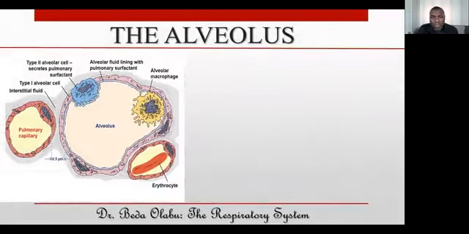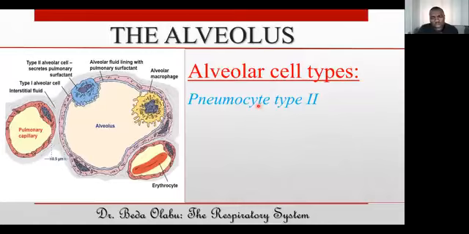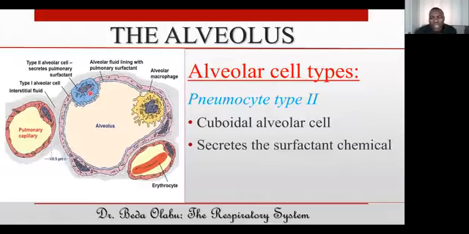The second cell type is called pneumocyte type 2. Pneumocyte type 2 are the cuboidal alveolar cells, which is this one here. These pneumocyte type 2 have two key functions. One, they secrete surfactant. So by now you know two cells that secrete surfactant, the Clara cells and pneumocyte type 2.